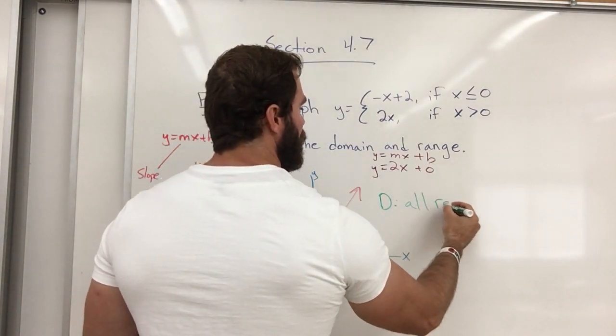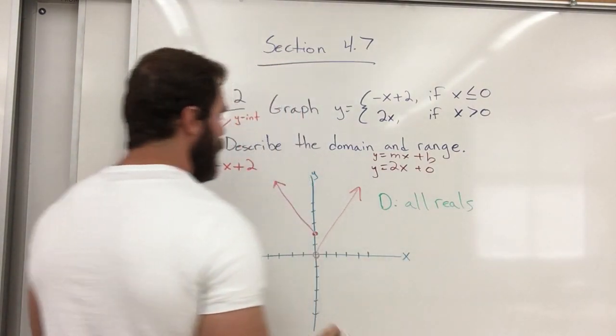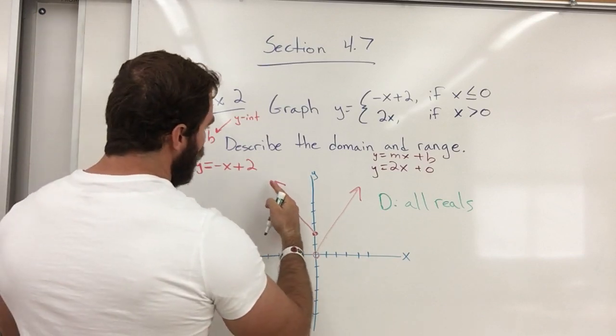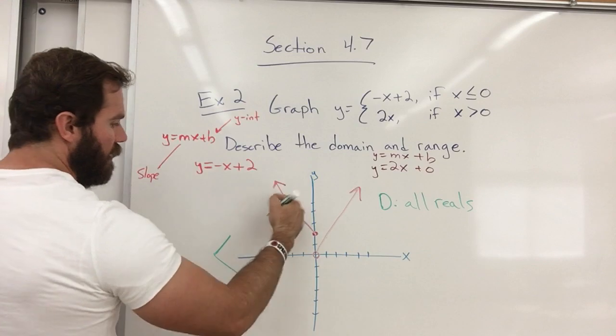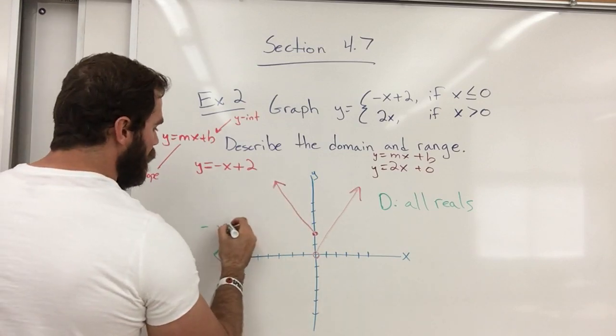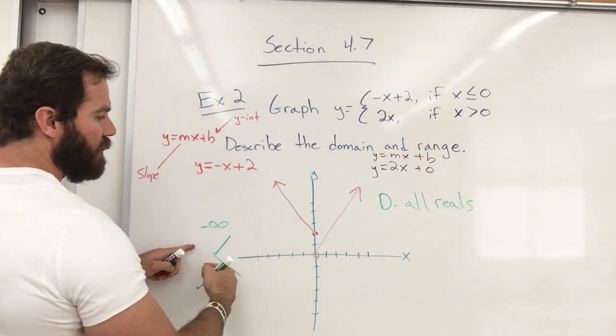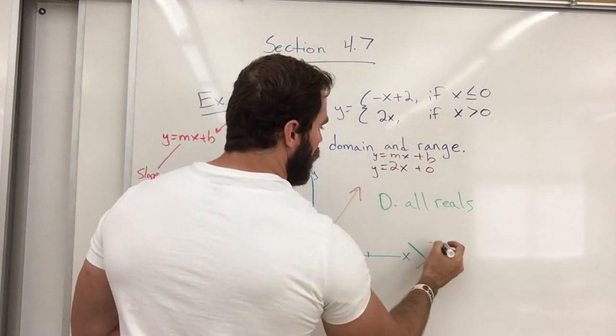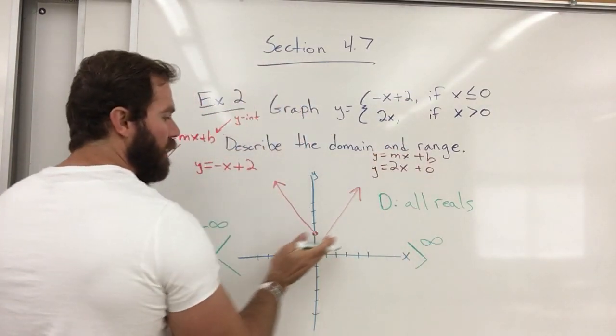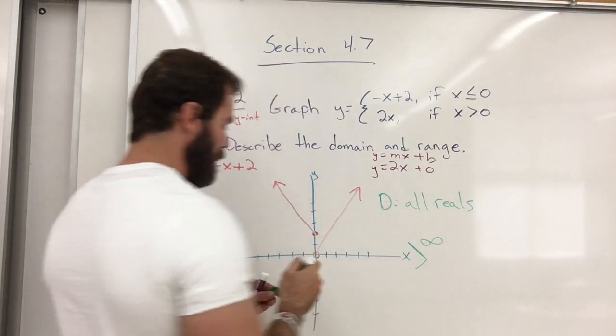All real numbers, or all reals. Because this arrow is going in this direction, all of the negative numbers for x. And this arrow is going in the positive direction to infinity for your x. So all reals.